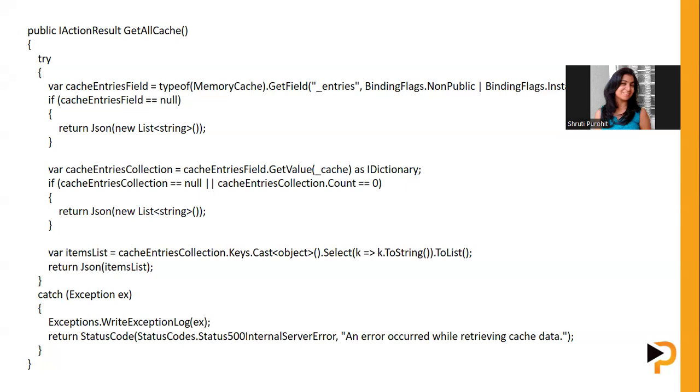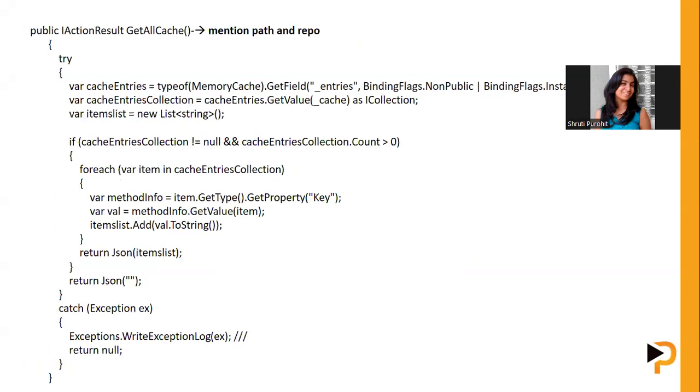Then again, after that, we create this cache entries collection, and then we check two conditions: whether it's null or the count is 0. Accordingly, for whatever possible conditions where we don't need to access the thing or create the variables, it's not required, right?